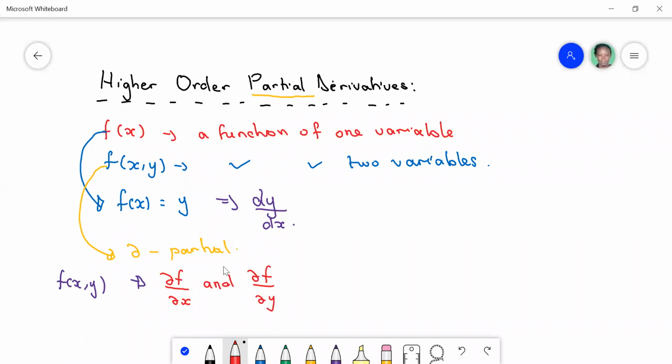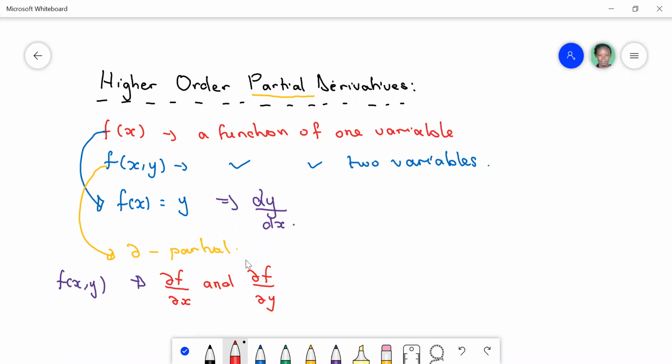This is what we call partial derivatives. So you take the partial of the two variables: the partial derivative of f with respect to x, and the partial derivative of f with respect to y.